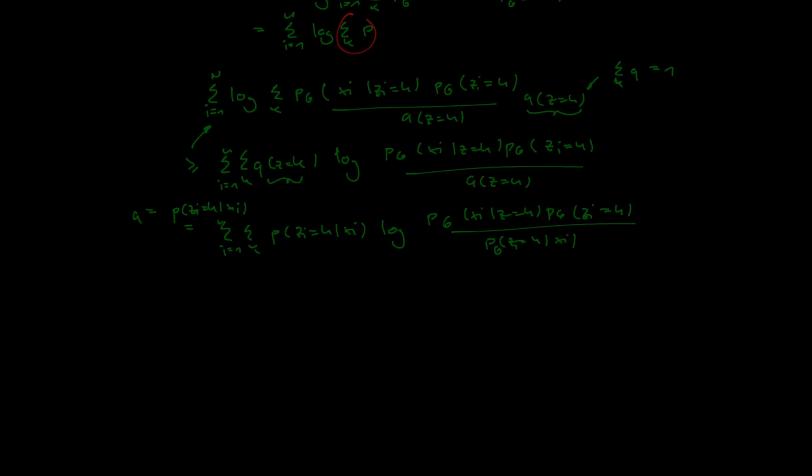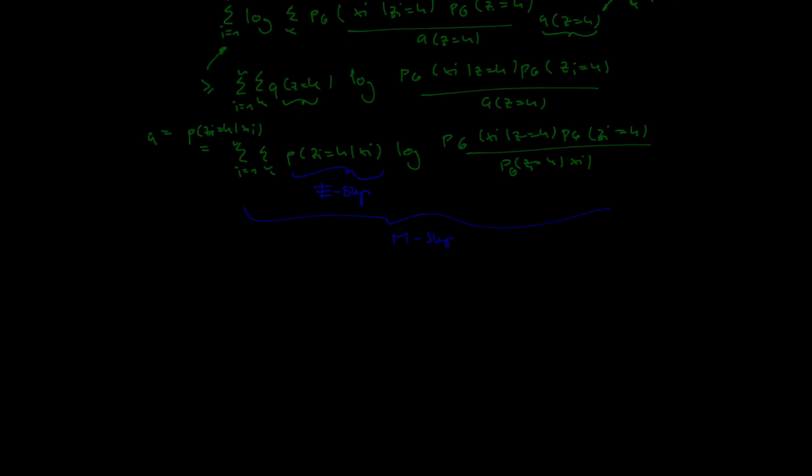Now the E step is basically just this. Let's take blue. This is the E step, and then maximizing over everything will be the M step. So I shortly summarize.